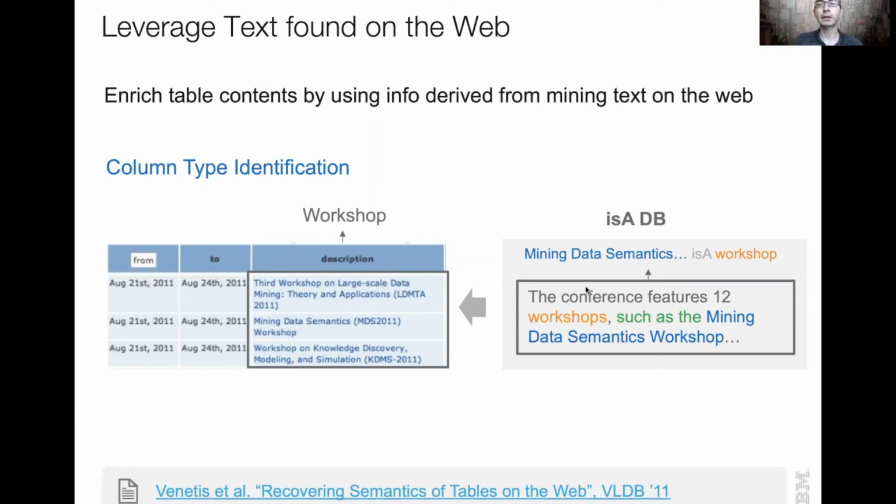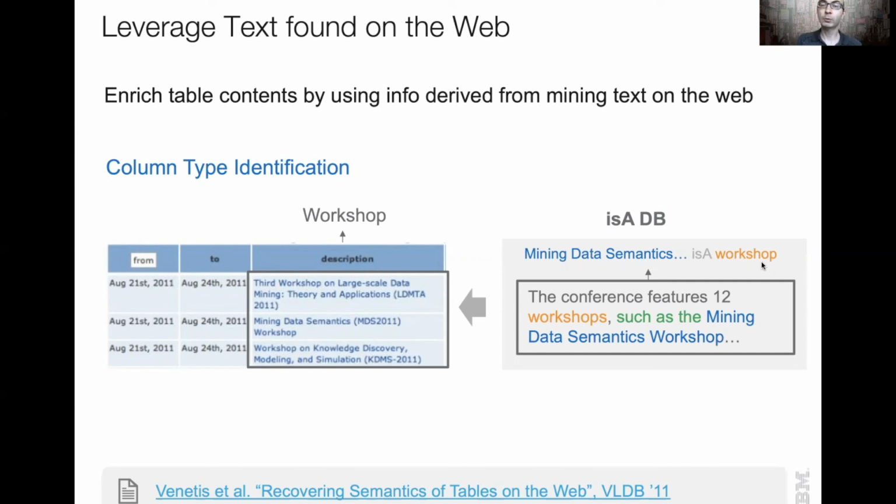First, they mine the text to create an is-a database. For instance, if they visit a web page that contains the sentence, the conference features 12 workshops, such as the mining data semantics workshop, then they infer that mining data semantics workshop is a workshop.